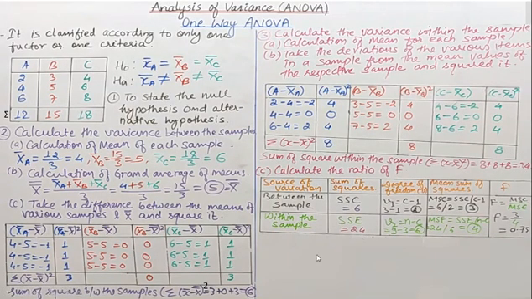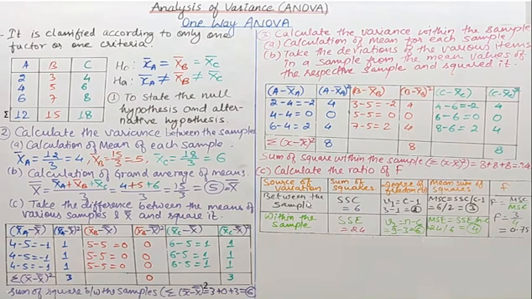Now we will calculate the ratio of the F. We will prepare the table. In the first column we will write the source of variation, second column sum of squares, third column degree of freedom, fourth mean sum of squares, and in the last column we will calculate the value of F. In the first column, there are two sources of variation: between the sample and within the sample.